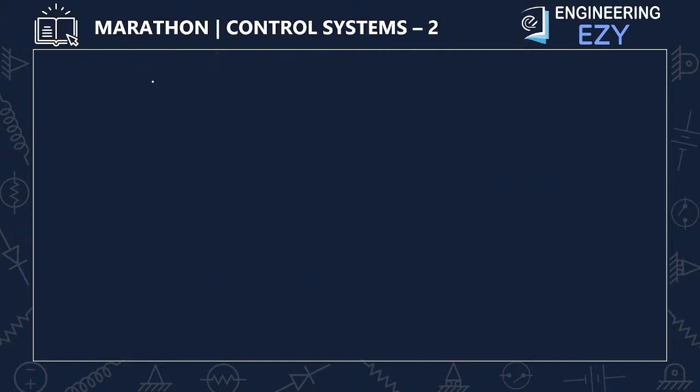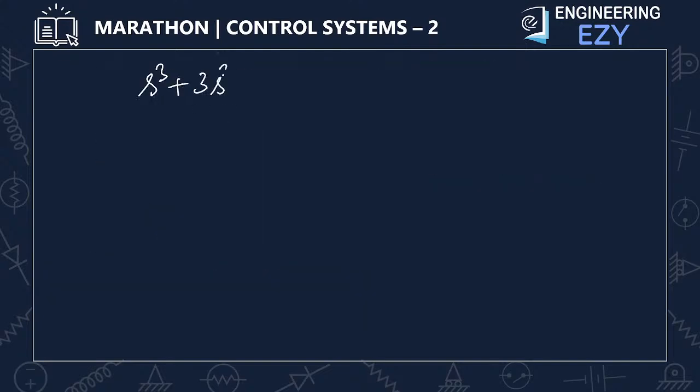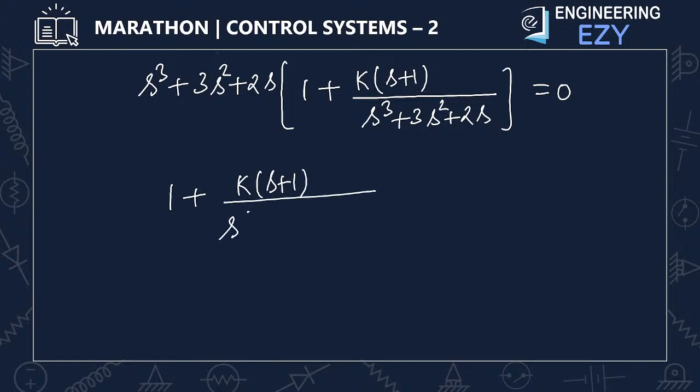So it can be written as s cube plus 3s square plus 2s, so this equation can be written as 1 plus k times s plus 1 upon s cube plus 3s square plus 2s is equal to 0. Or, if you take s common, 1 plus k times s plus 1 upon s square plus 3s plus 2 is equal to 0.